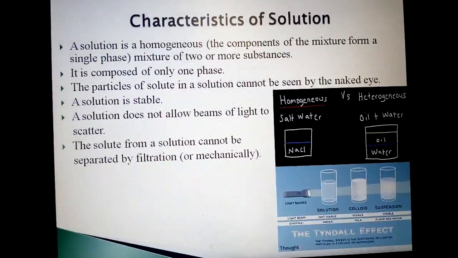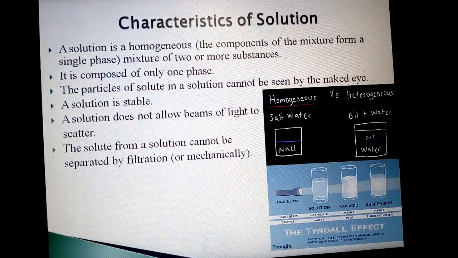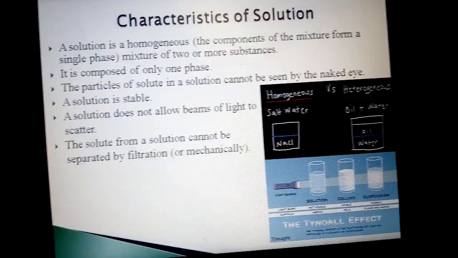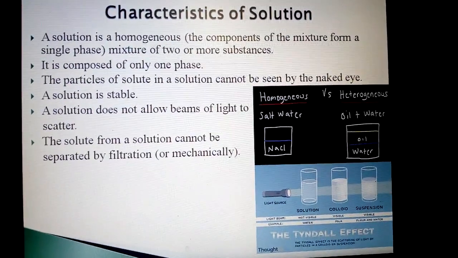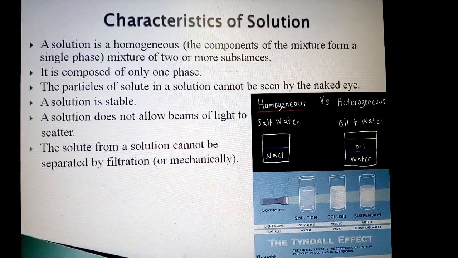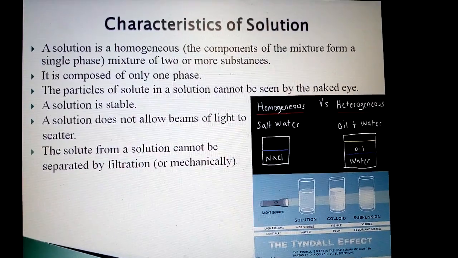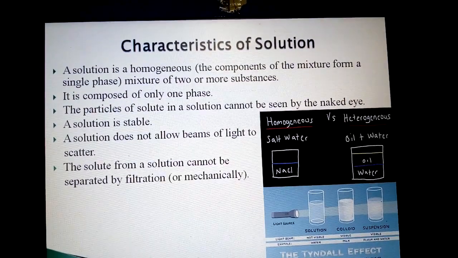In our first point, it's written that a solution is a homogeneous mixture of two or more substances. It means we can take more than two solvents and a single solute, or one solute and one solvent.